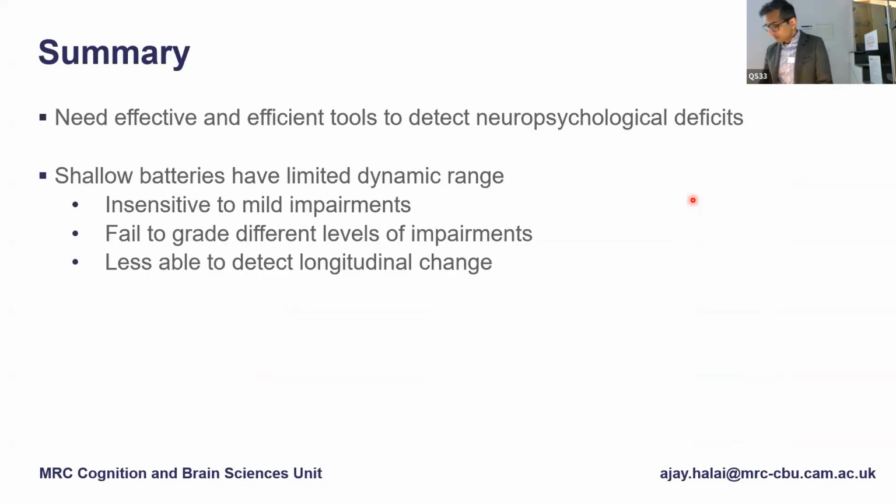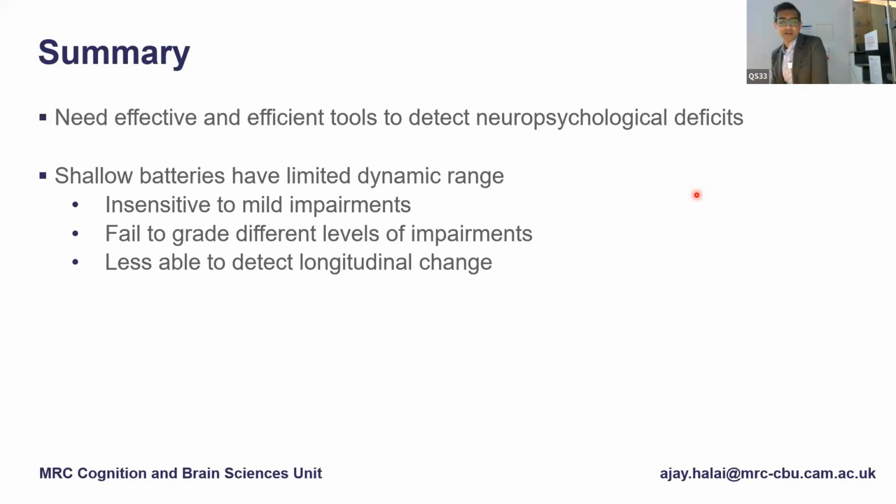As I'm running out of time, I'll go into the summary very quickly. As I mentioned, we all understand that we need effective and efficient tools. How we do that, there are obviously lots of ideas. The previous 2 speakers have put together very nice tools. But one of the things we really need to be considerate of is the dynamic range: the number of items in the test and the ability for those items to grade participants.